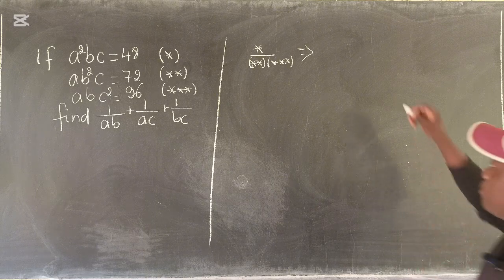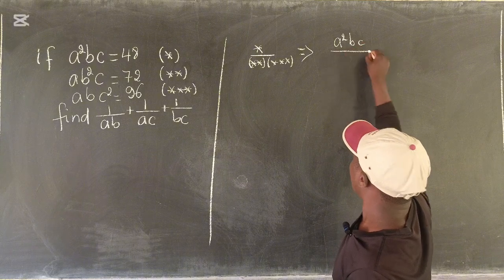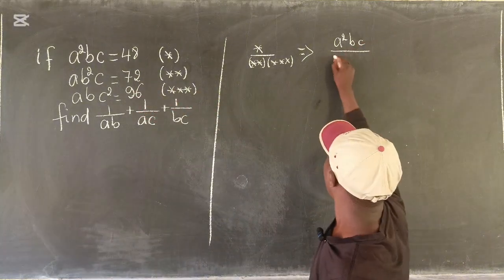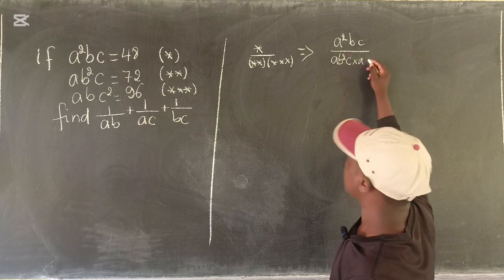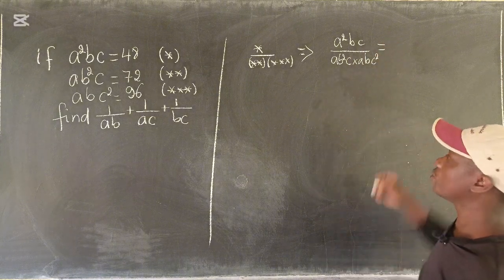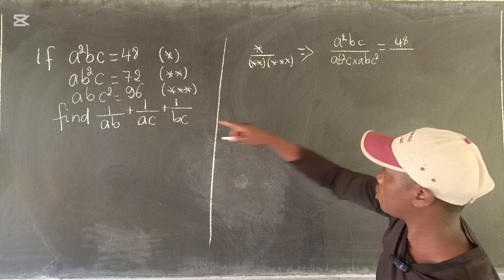I have a squared bc over a b squared c times a b c squared, and this is equal to 48 over 72 times 96.